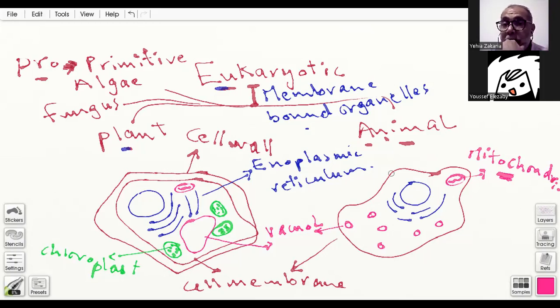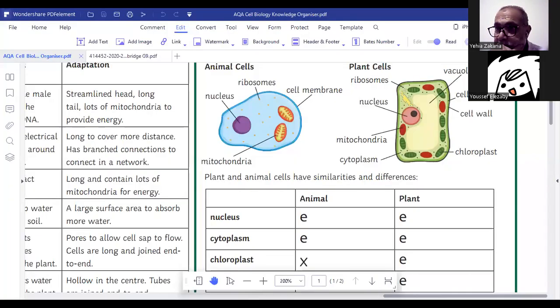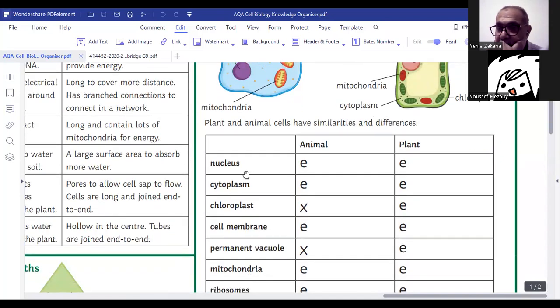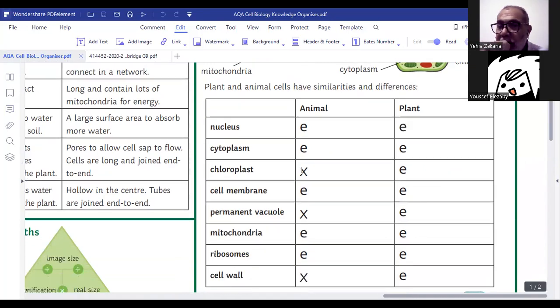We go back to our paper. You can read this comparison. Animal cell and plant cell both have a nucleus and cytoplasm, and only the plant cell has chloroplast.